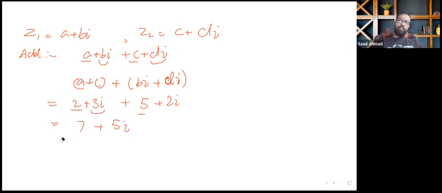And by the same rule, we can subtract them: the real part will be subtracted from the real part, and the imaginary part from the imaginary part. Similarly we can divide them and multiply them.